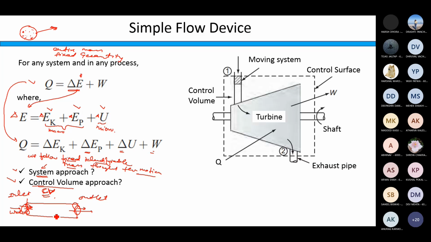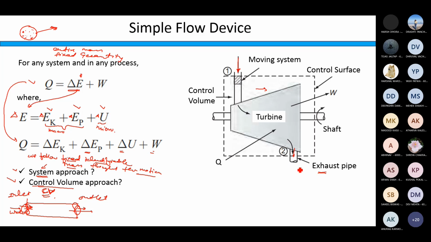So let us assume this type of situation now. So we have a turbine like this, and this is the inlet from where some gas enters the turbine. It is expanded along this length of the turbine, and it will exit from this outlet.